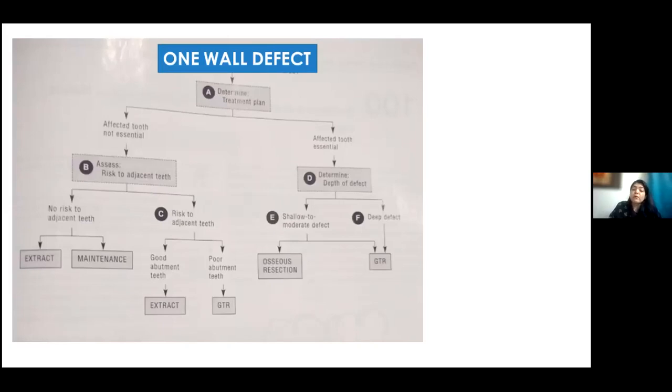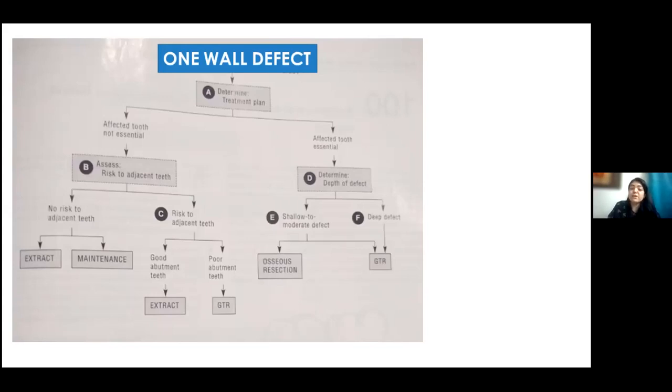Now if the affected tooth is essential, like a first molar or a canine, or if it has to act as an abutment tooth and there is no other option, then you determine the depth of the defect. If the defect is shallow to moderate, less than or equal to 5 mm, you can do osseous resection. If it is more than 5 mm, then you can't do osseous resection, you have to do grafting or GTR.